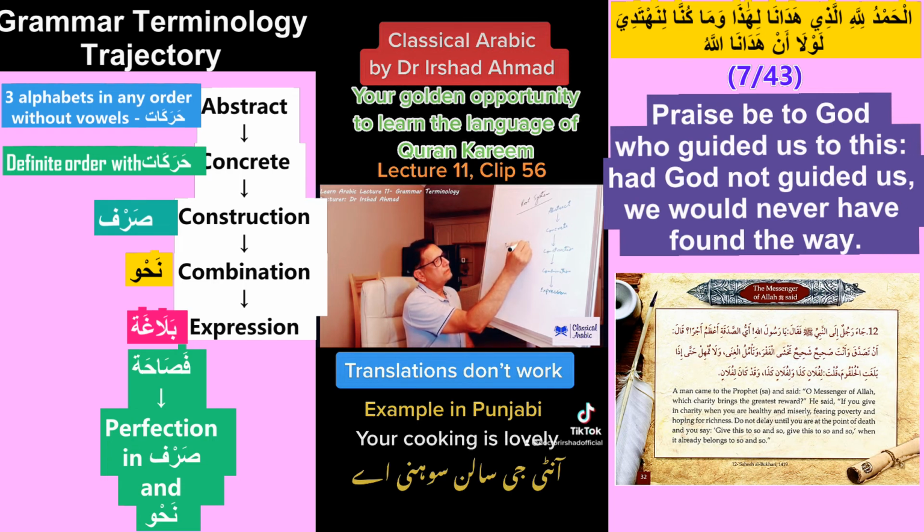Somebody whose first language was English and who knew a little bit of Punjabi wanted to convey this to their Punjabi speaking auntie, and translated it right from English to Punjabi: auntie ji salan soni hai.